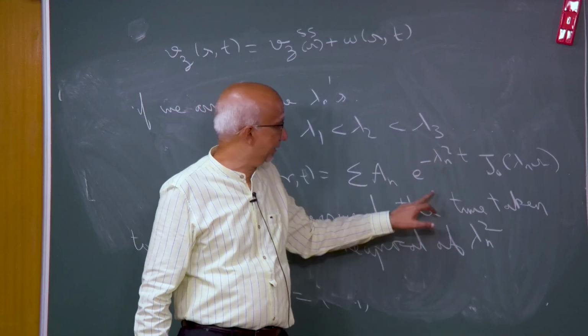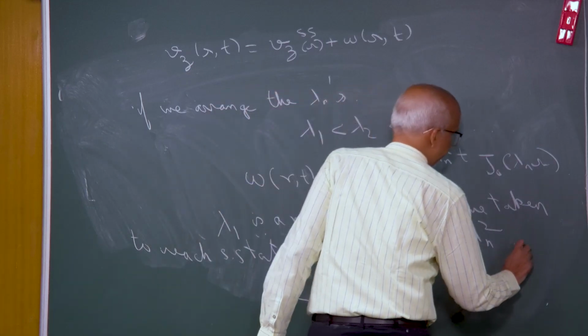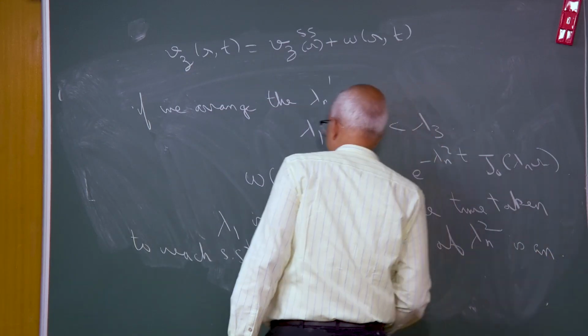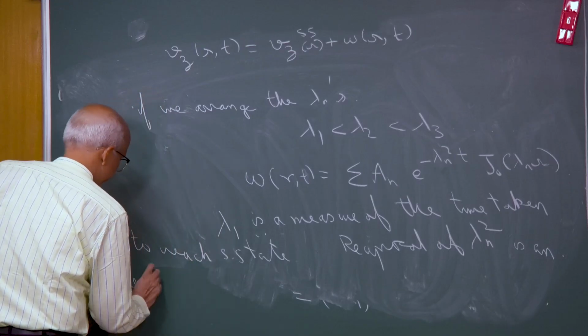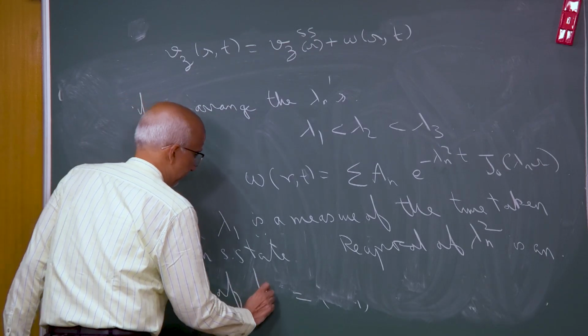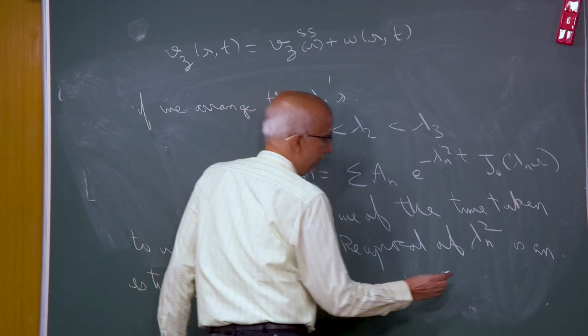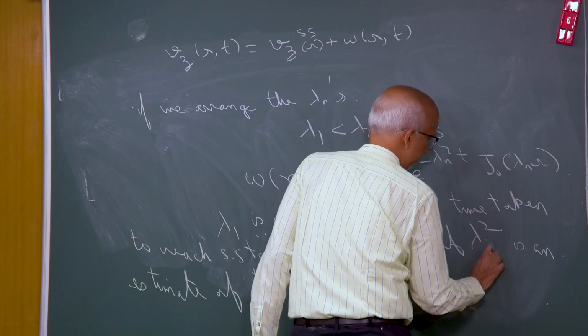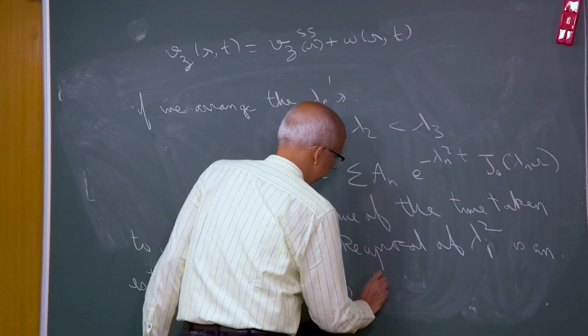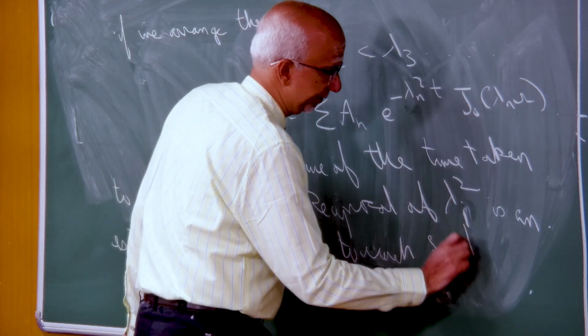The reciprocal of lambda_n squared, or rather lambda_1 squared, is an estimate of the time taken to reach steady state.